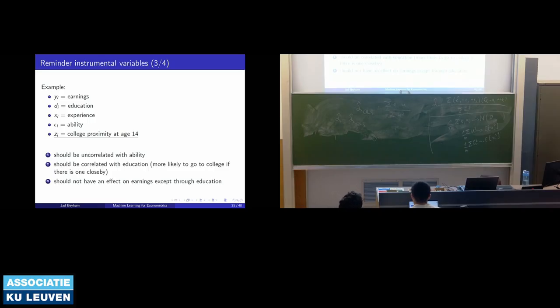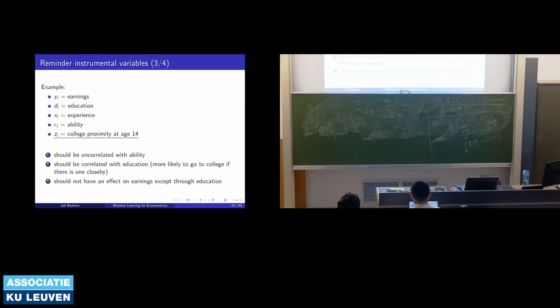One solution is to use an instrumental variable, and an example of an instrumental variable in this case is college proximity at age 14. This is a very widely used instrumental variable in this example.